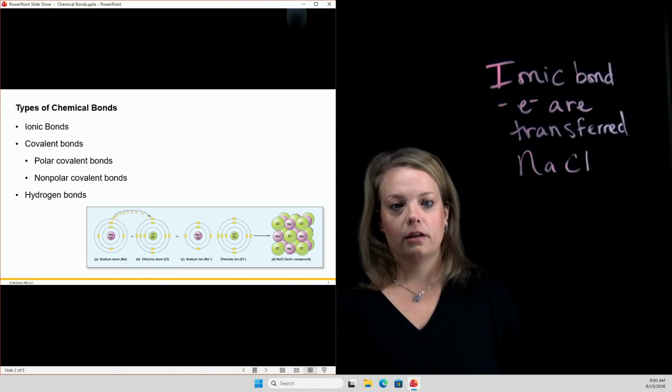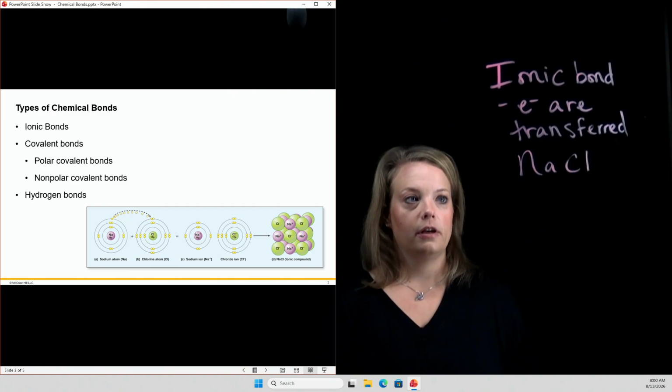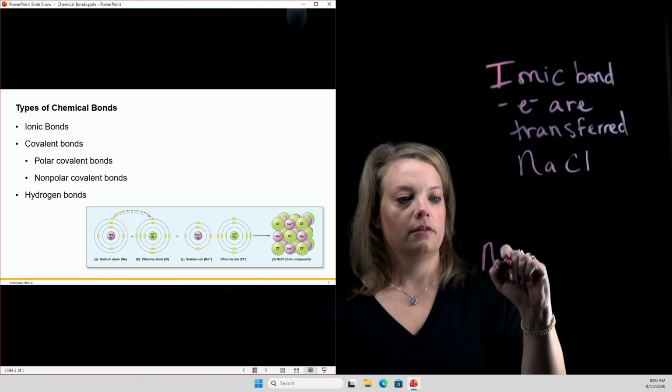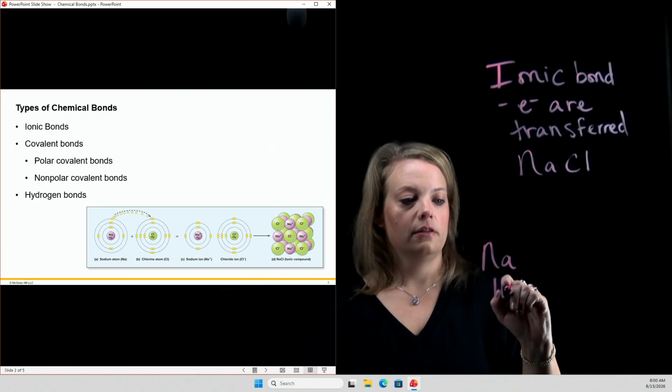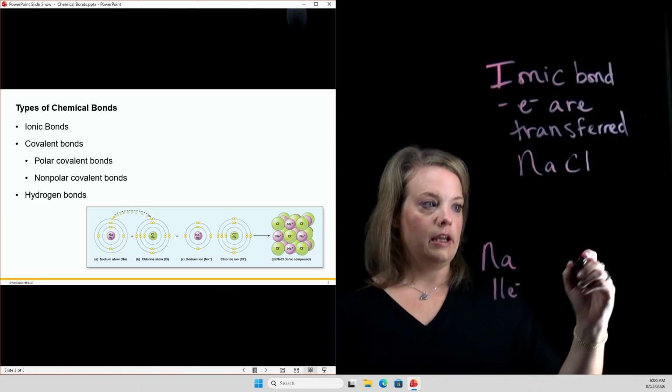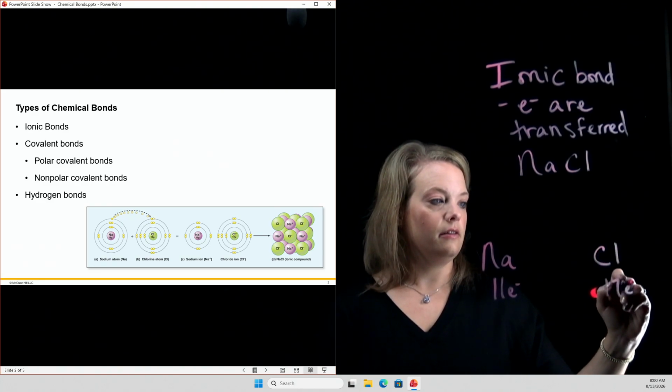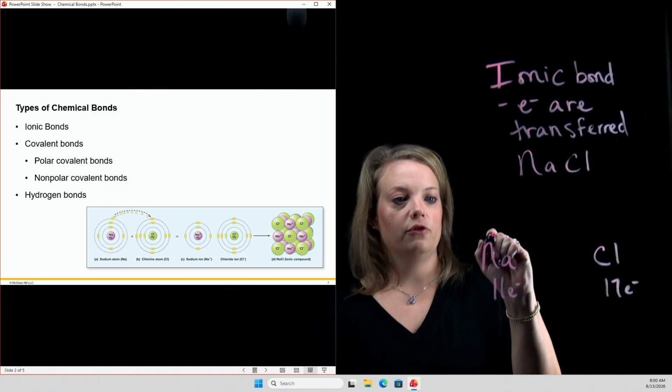So if we look back at the periodic table, we will see that sodium has 11 electrons and chlorine has 17 electrons. So let's draw that.